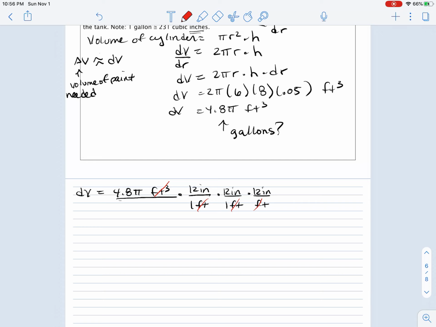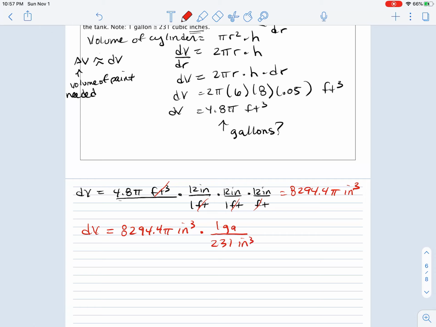So if I do 4.8 times 12 times 12 times 12, I get 8,294.4 pi cubic inches. And so with my dV equal to 8,294.4 pi cubic inches, how many gallons is that?